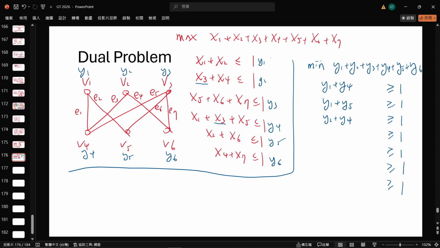So next, x4. x4 appears here and here, so y2 plus y6. It's the fourth edge, and this is the fourth constraint.